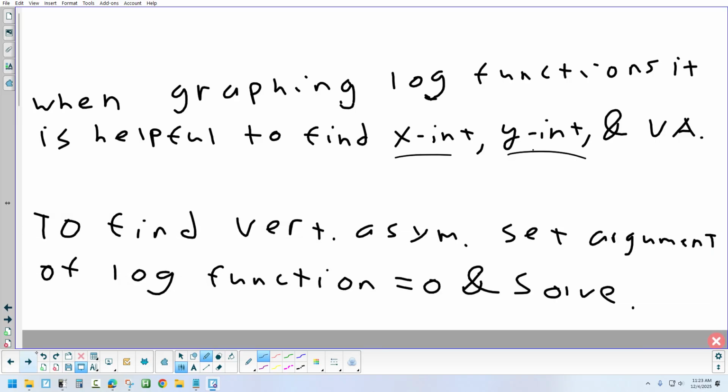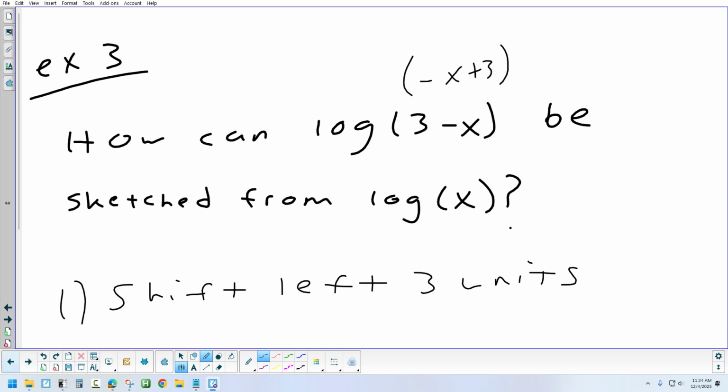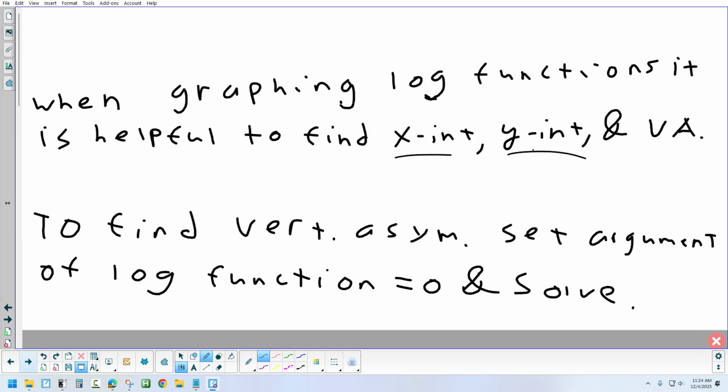Okay, so how do you find the new vertical asymptote? Well, if you shift the graph left or right, or you flip it, it's not going to be x equals 0 anymore. The way that you find the new asymptote is you set your argument, which is what's inside the parentheses, equal to 0, and you solve it.